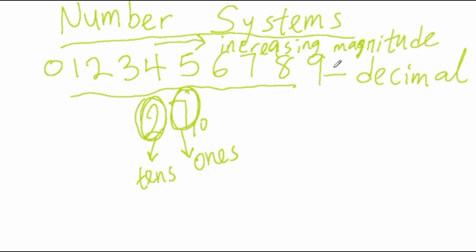Okay, so this number that I gave here, 27, is obviously bigger than the number 9, right? So how then do we get numbers that are bigger than the primary digits in the decimal number system?